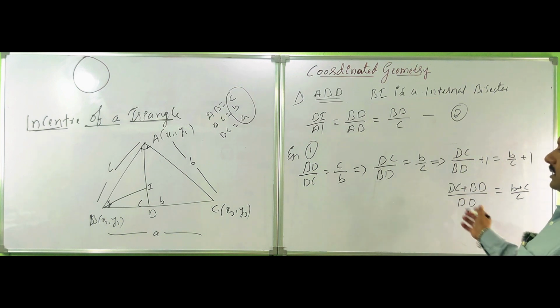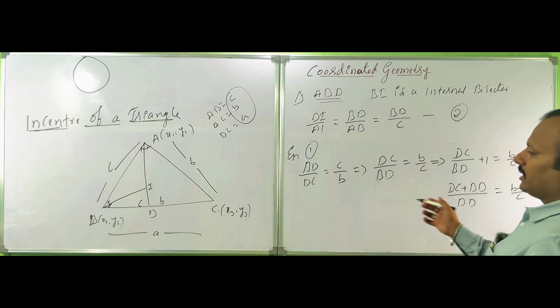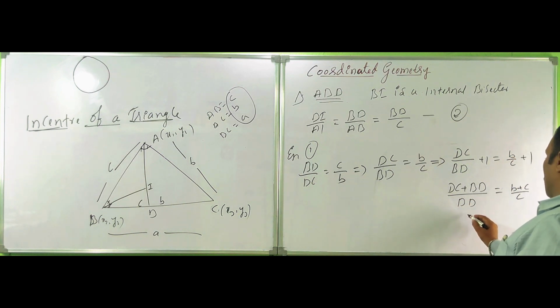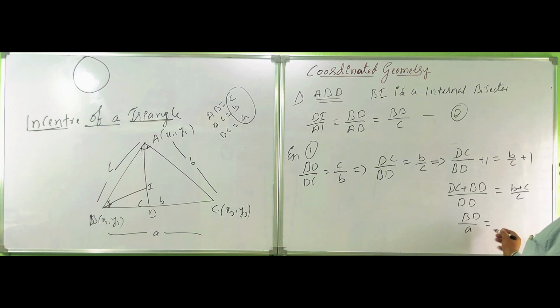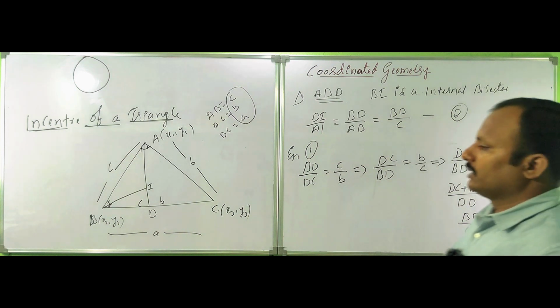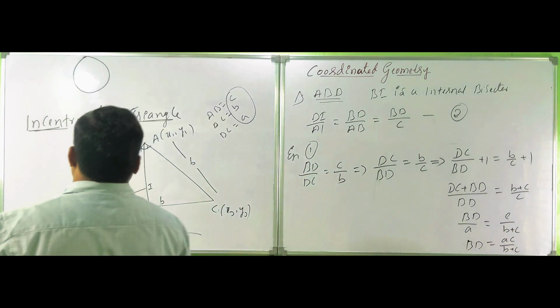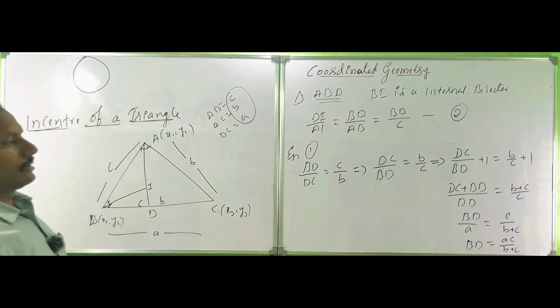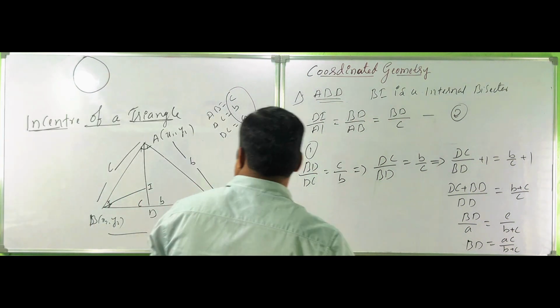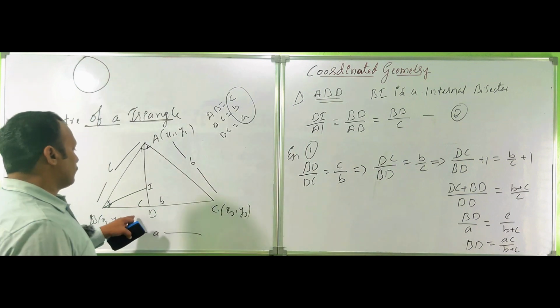It is a. Taking the reciprocal, BD by a is c by (b + c). So BD gives a times c divided by (b + c). This is the length of BD.